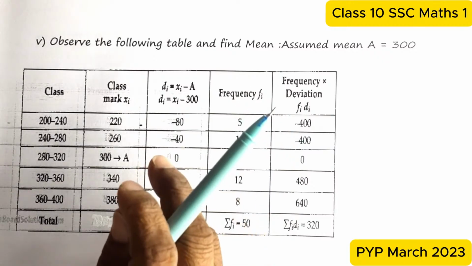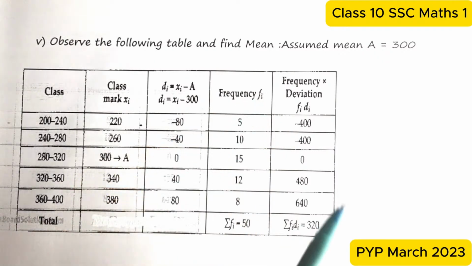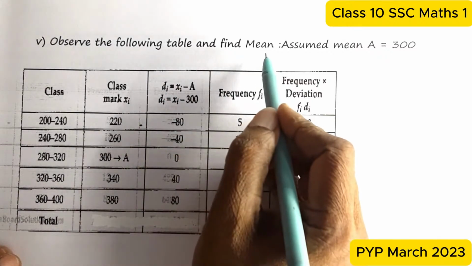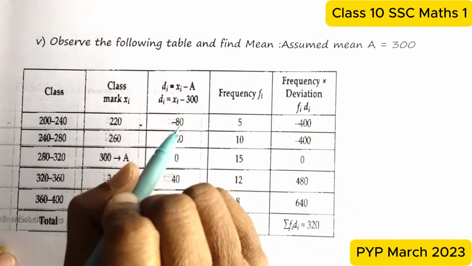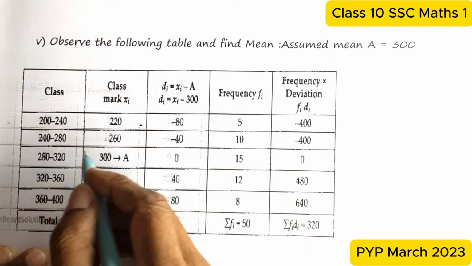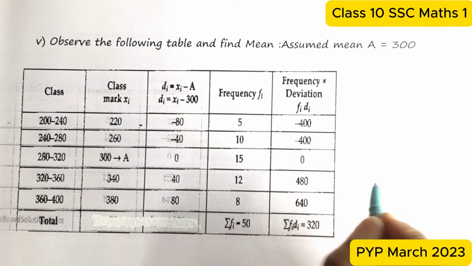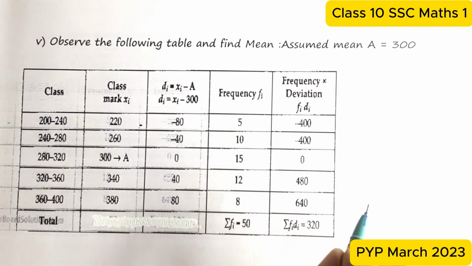Now first we have to find out the mean by the assumed mean method. So we should know the formula. The formula is x bar is equal to a plus d bar.